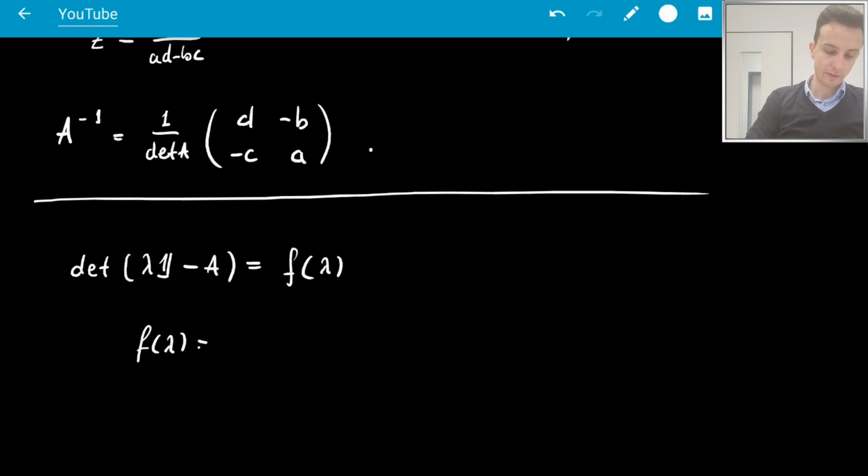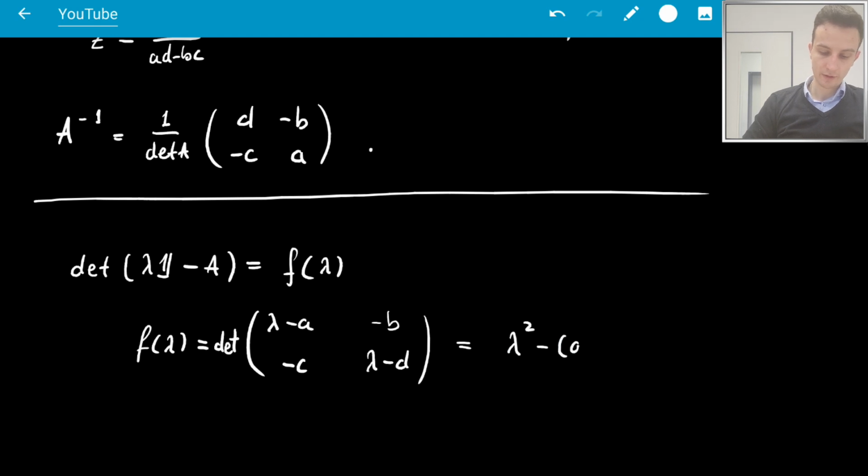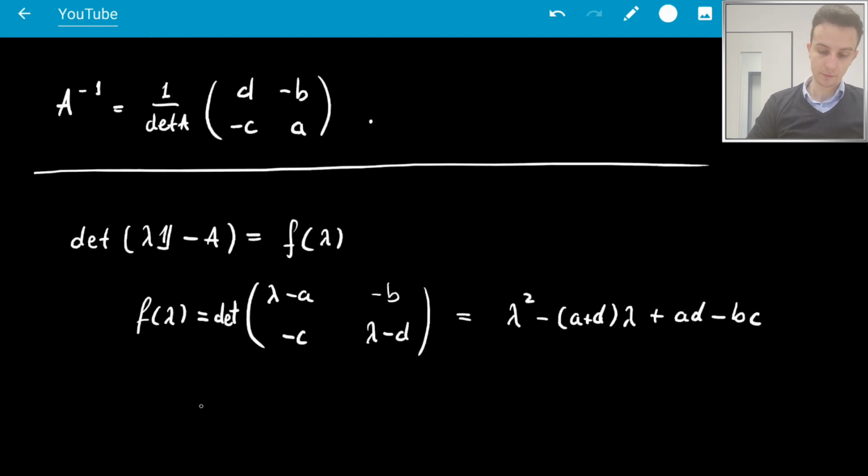And so f of lambda is equal to, of course, the determinant of lambda minus a, minus b, minus c, lambda minus d. And that's going to be lambda squared minus (a plus d) lambda plus ad minus bc. Is that good? Yeah, that seems good.